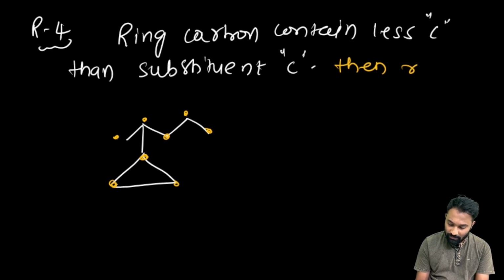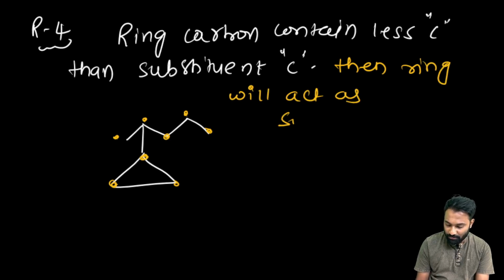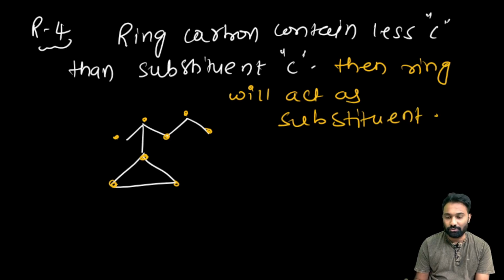Then the ring will act as a substituent. Is it clear? If the side chain carbons are higher than the ring, then the ring will act as a branching. Then give the numbering.